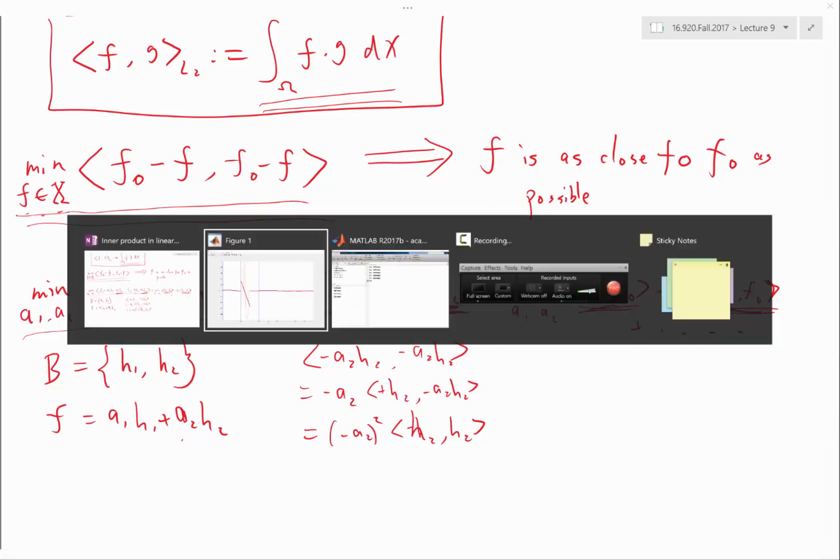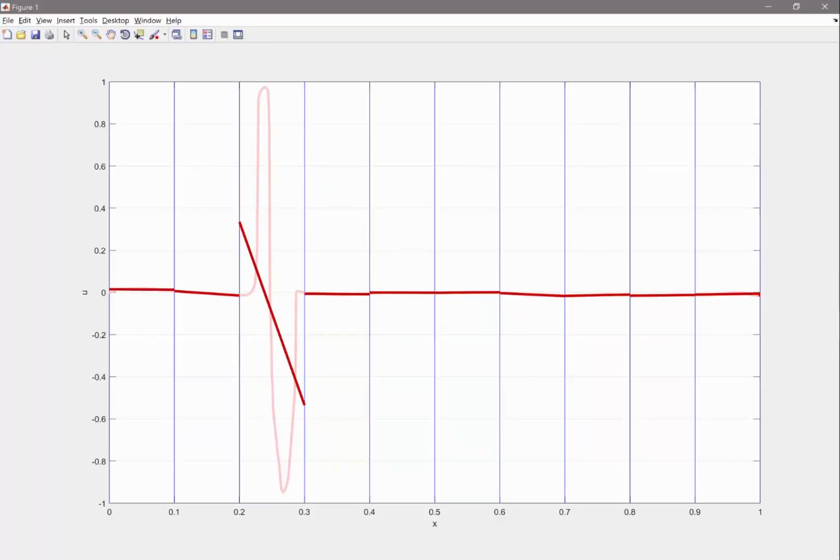If our residual approximated using finite element is 0, then the residual should be, we hope, pretty small. So that's how finite element works.